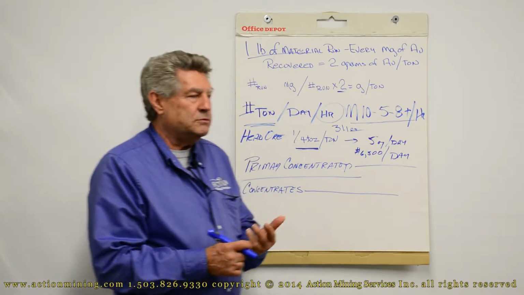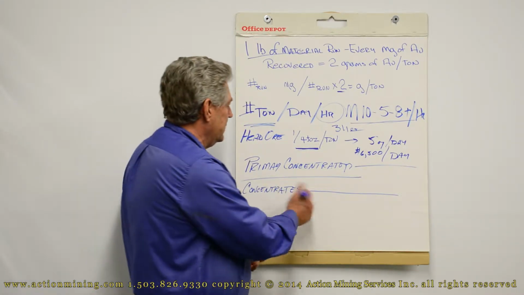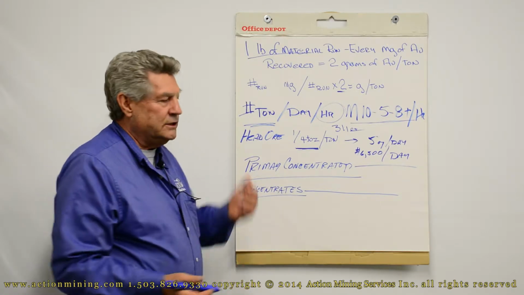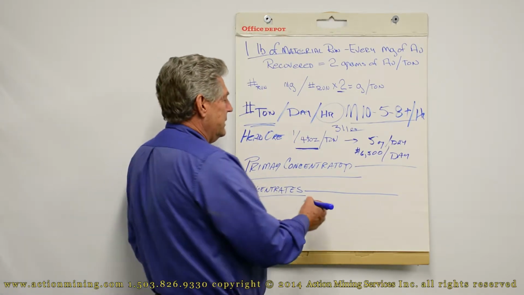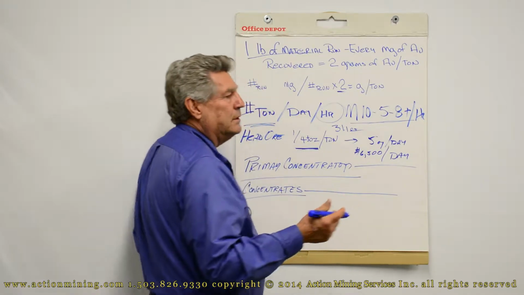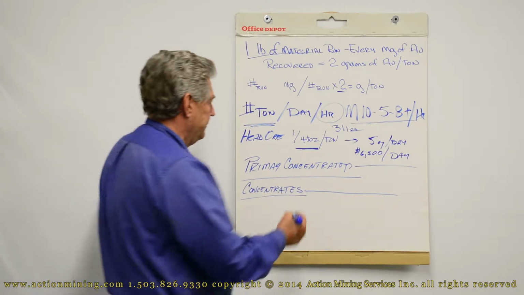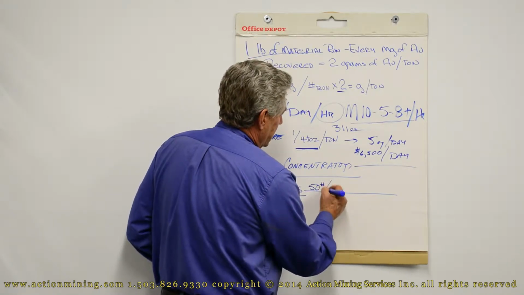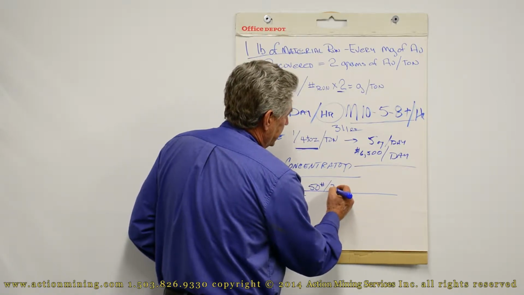If you're going to smelt it, then this is determined by how big a smelter you have. Let's say you have a smelter that does a 50-pound batch at a time.